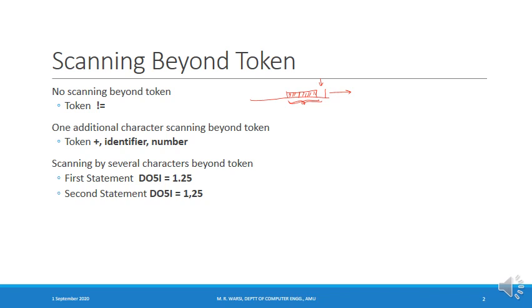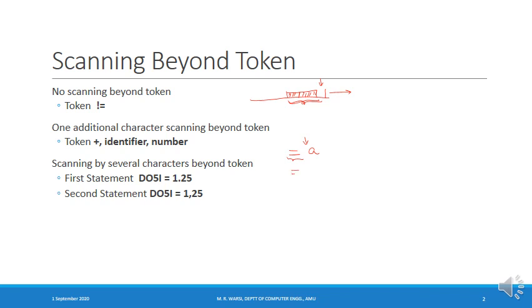Let's take an example. If in the program I have the equal symbol appearing, how do I know that this is a token? In order to know whether it is a token or not, I will have to look at the next character, because if the next character is a space or the name of a variable, then in that case this is a token.